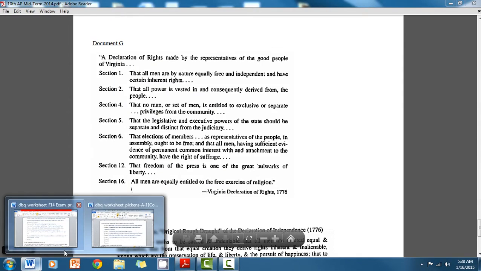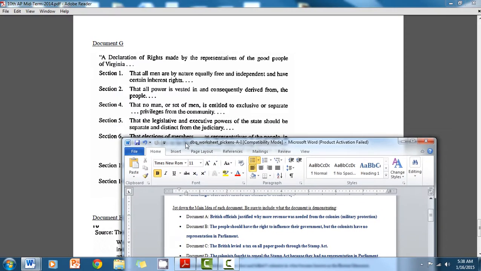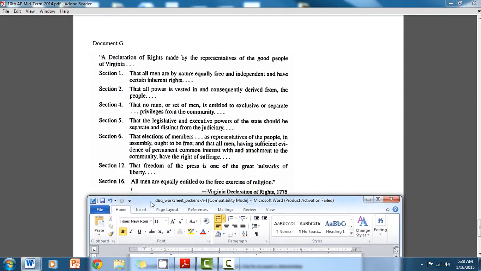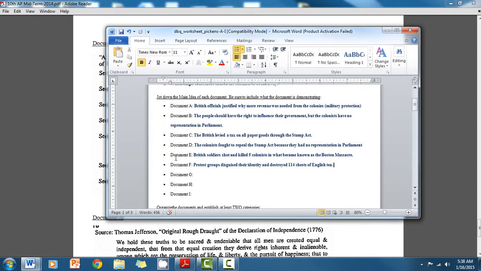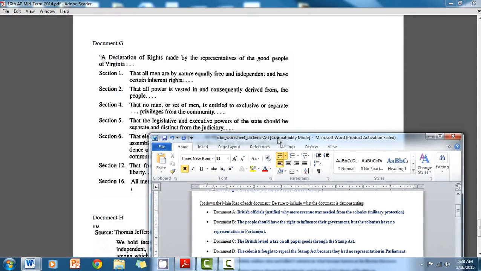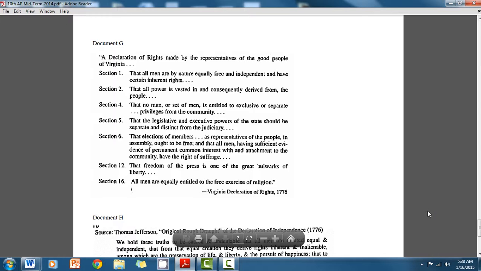When you read through the Declaration of Rights, there are various sections that give us a hint as to how the colonists were interpreting rights. Political leaders in Virginia declared that all men were equally free and should have the right to vote. That is explicitly listed in the document when you read it carefully.